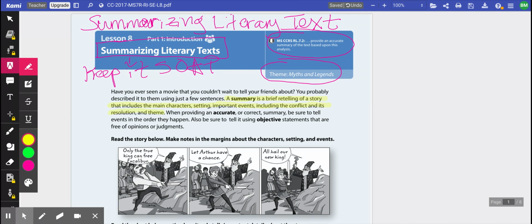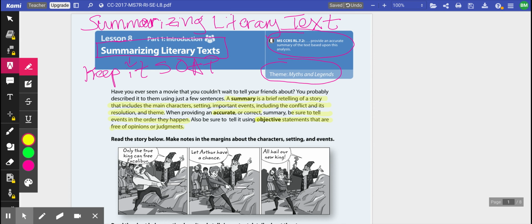Now, we also want it to be accurate, which means correct, and also chronological. So we tell it in the order the events happen, and we want it to be objective, meaning we're using statements that are free of opinions and judgments.